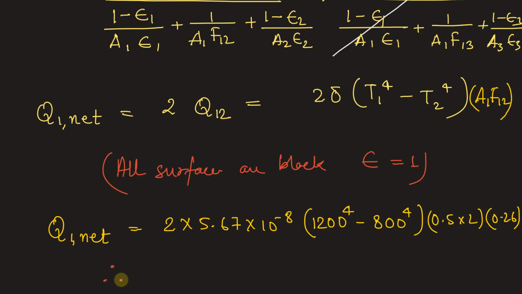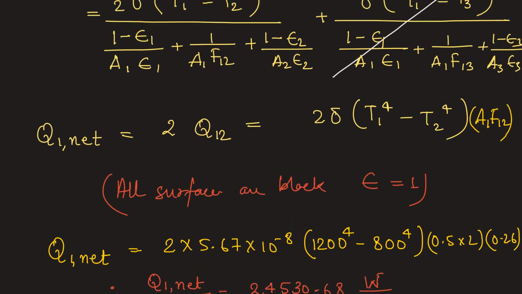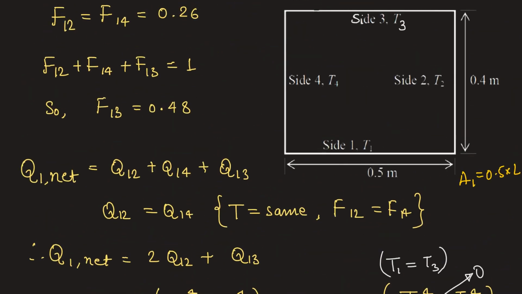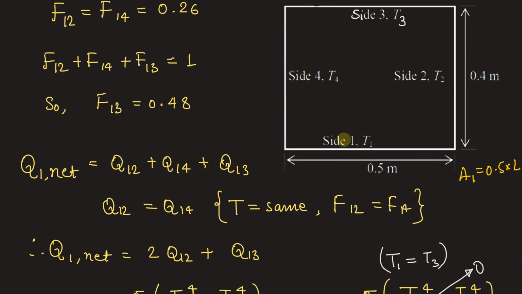Therefore net radiation heat loss from side 1 per unit length will be equal to 24,530.68 watt per meter. Also, one thing to notice here is that T1 is greater than T2.